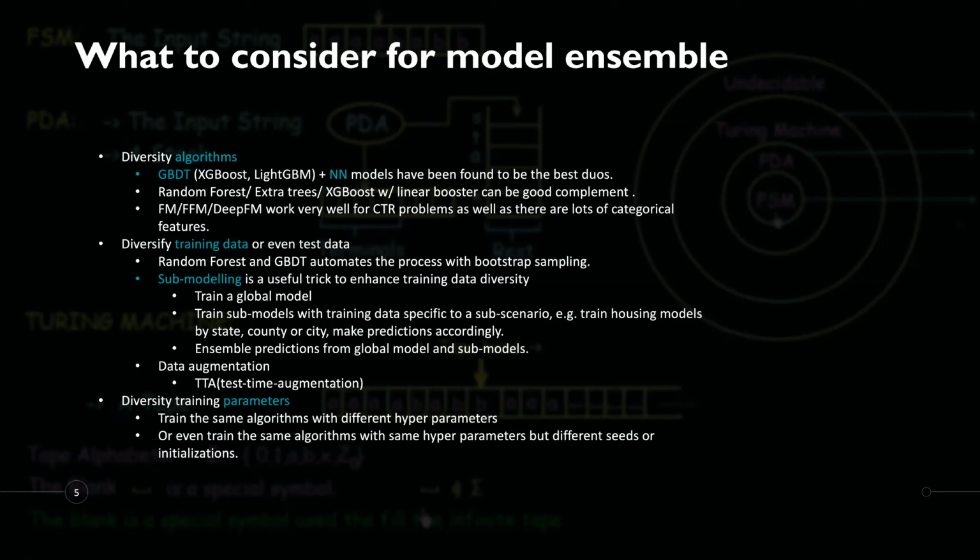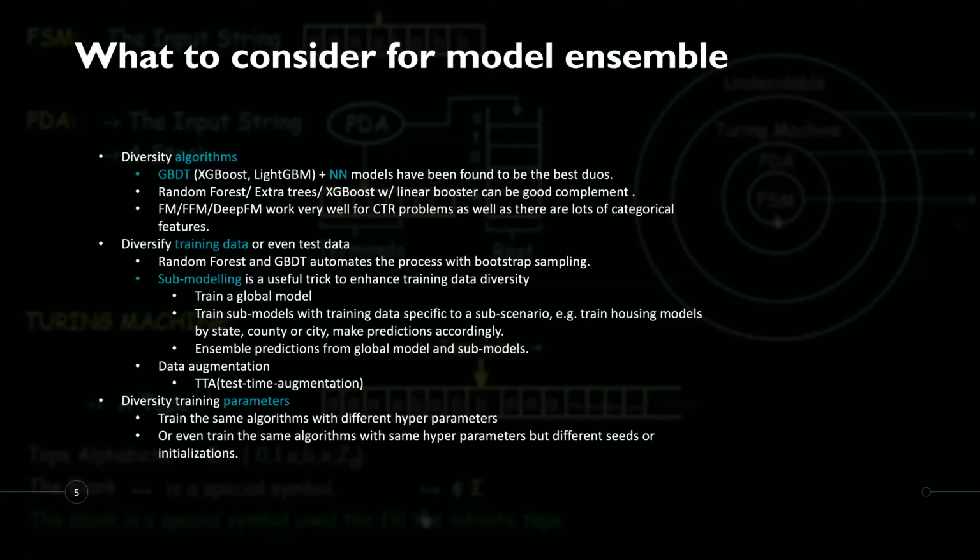There are quite a few techniques we can use for data augmentation, but this is not the focus of today's class. What I'm trying to say is that data augmentation is one of the ways to diversify the training data.